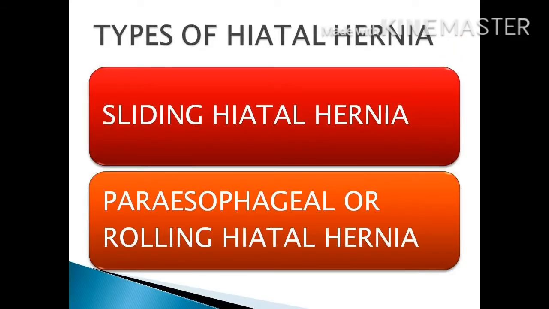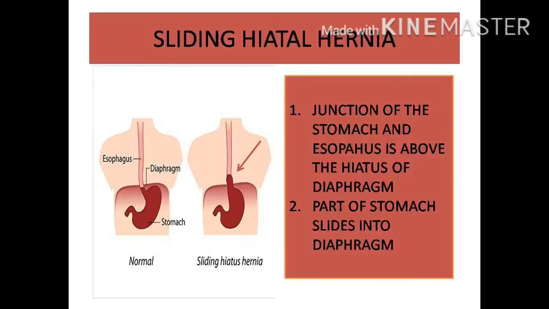Let's see about types now. There are two types of hiatal hernia. The first one is sliding hiatal hernia. The second one is paraesophageal hiatal hernia. In sliding hiatal hernia, the junction of the stomach and the esophagus will be above the hiatus of the diaphragm.